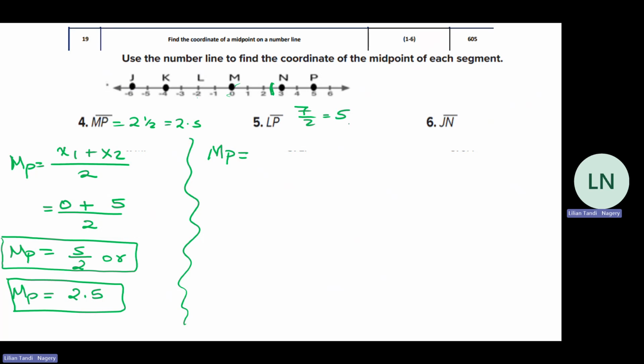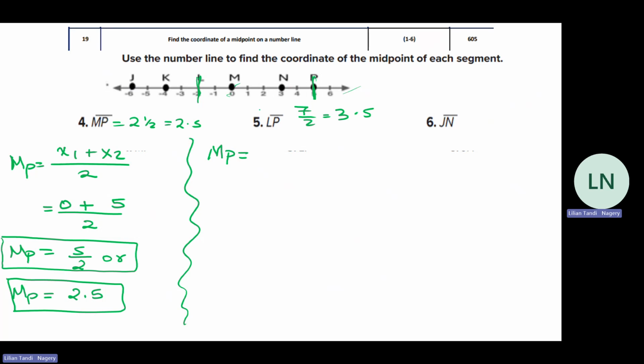Nope, not 5. That is 3.5. If I'm starting at -2 and I am stopping at 5, those are 7 spaces. Are there 7 spaces? Yes, there are 7 spaces. So my answer will be somewhere here.